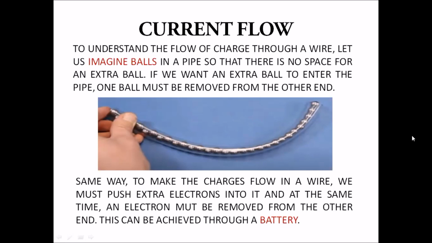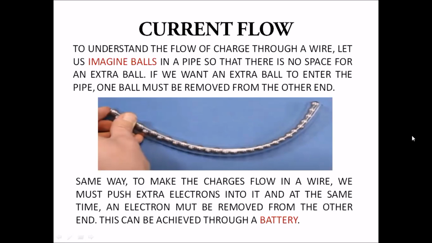Let us now see how charges flow inside a wire and how current is produced through an activity. In this activity, we have a pipe containing some steel balls and there is no space for an extra ball. If we want an extra ball to enter the pipe, one ball must be removed from the other end. Same way, in a wire, there are billions of electrons.